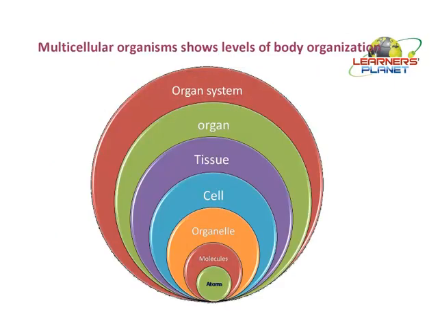So we can say that multicellular organisms are all made up of many cells, but still they show different levels of body organization. Now these levels of body organization are shown here in this particular diagram.